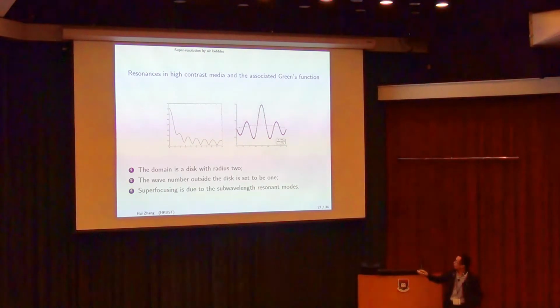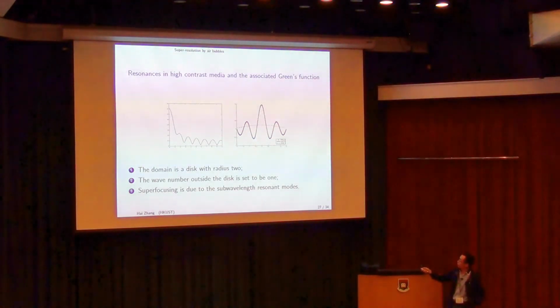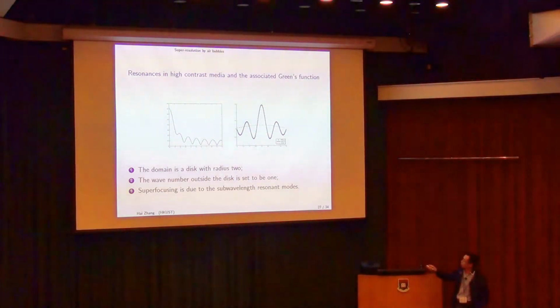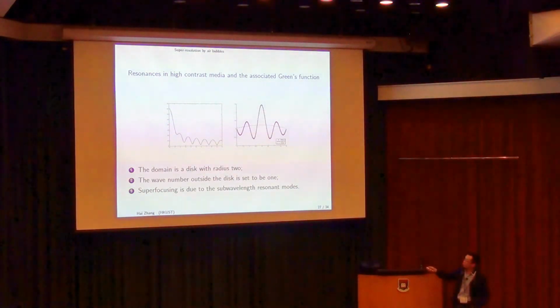This horizontal axis represents the contrast in this medium, and this vertical axis represents the total scattering cross section. So this measures how strong the scattering is. Using this scattering diagram, we can pick up the resonance. Basically, at these peaks, we have resonance, and at the valleys, we don't have resonance.